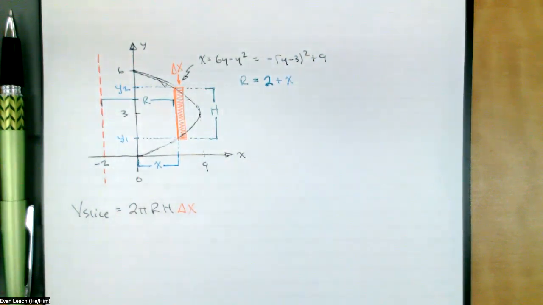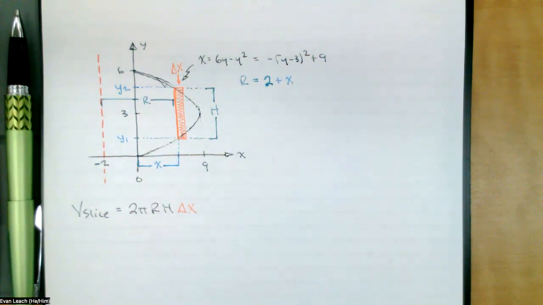Since our delta variable is delta x, this is what we wanted. In the previous problem, we had to trade our x for an expression in y because we had delta y. This is delta x, 2 plus x is what we want for the radius.